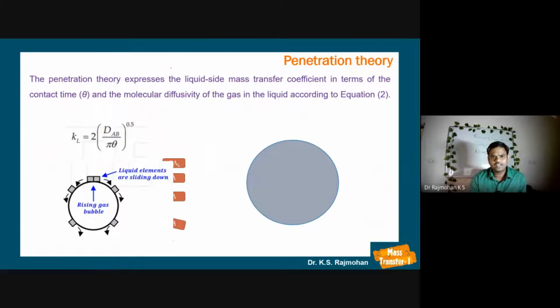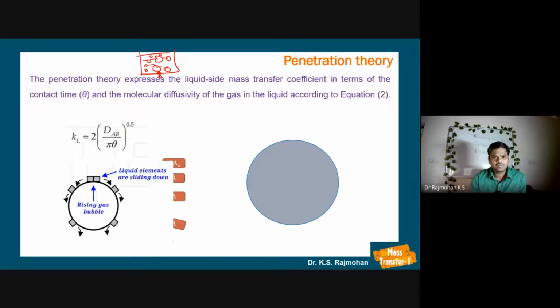This theory is particularly useful when gas bubbles are introduced into a liquid system, like an aerated system, biological reactions, fermentation reactions, where we always supply air or oxygen into the system. Depending upon the size of the oxygen bubble, we are going to have a different rate of mass transfer. Also it will affect the reactions.